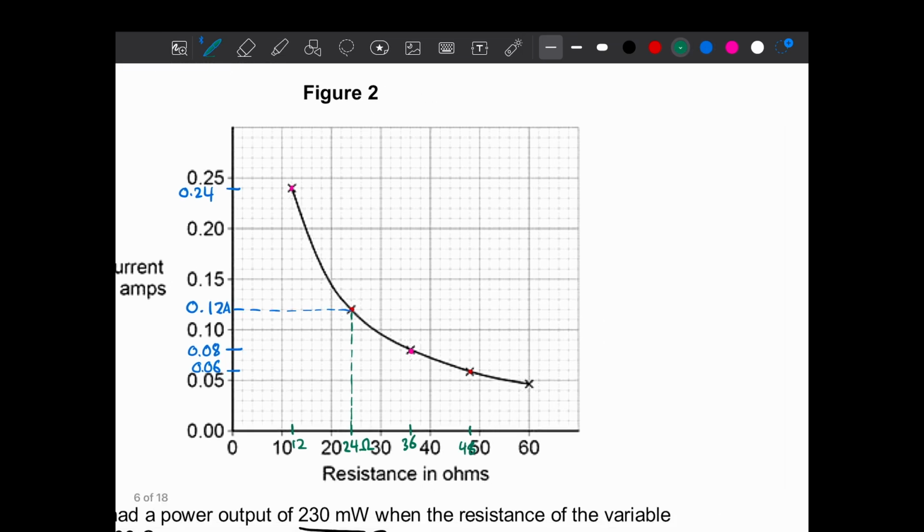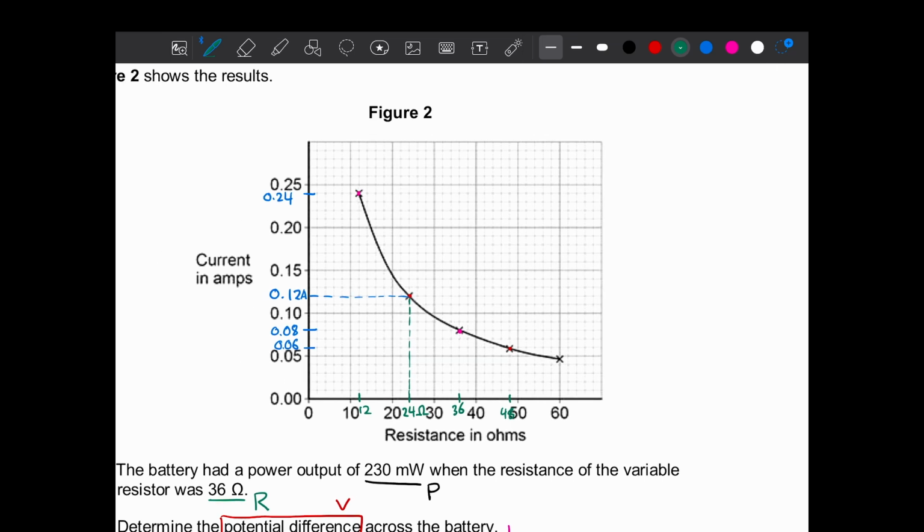Now, I'm just going to keep working on this page so it's a bit easier to refer to the points. Starting with the first point up here, let's go ahead and multiply those values of current and resistance. So current 0.24 multiplied by a resistance of 12, and that should give us 2.88. There we go.